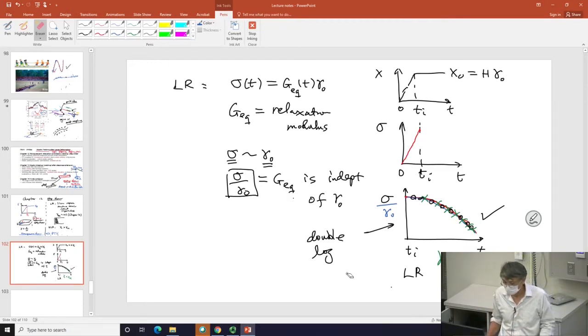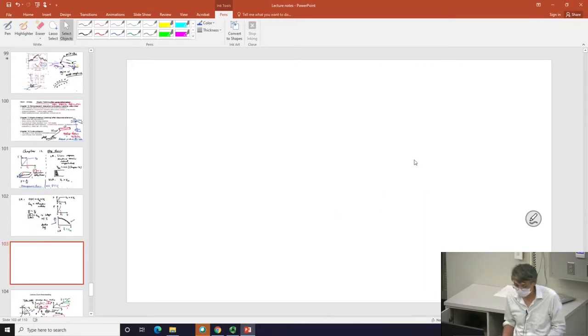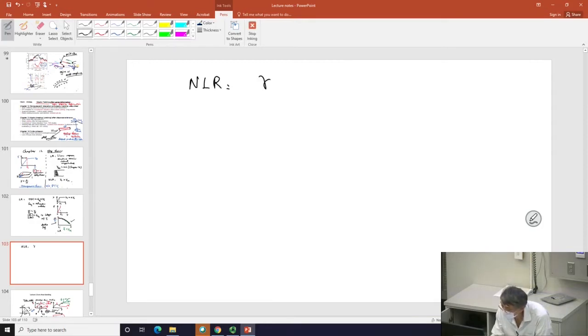Okay, let's move on. This is a linear response. It's worthwhile to talk about it because only then do you know what nonlinear response means. Nonlinear response, of course, means the amplitude is high, such that you no longer have a linear response.